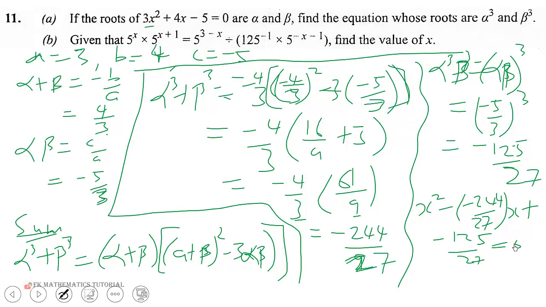Now multiply it through by 27, we get 27x squared plus 244x minus 125 is equal to 0. So that is the equation whose roots are alpha cubed and beta cubed.